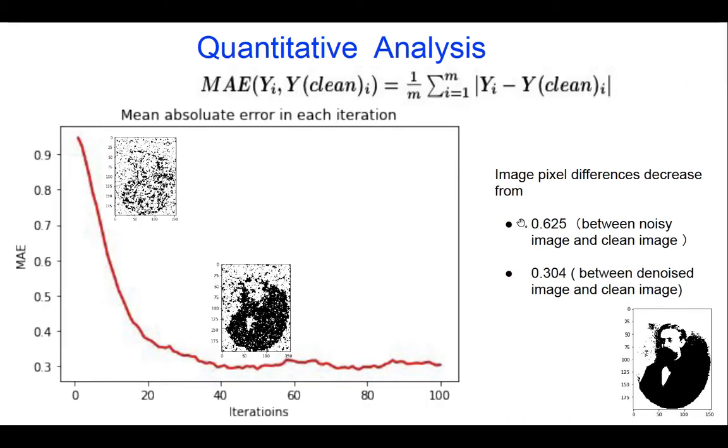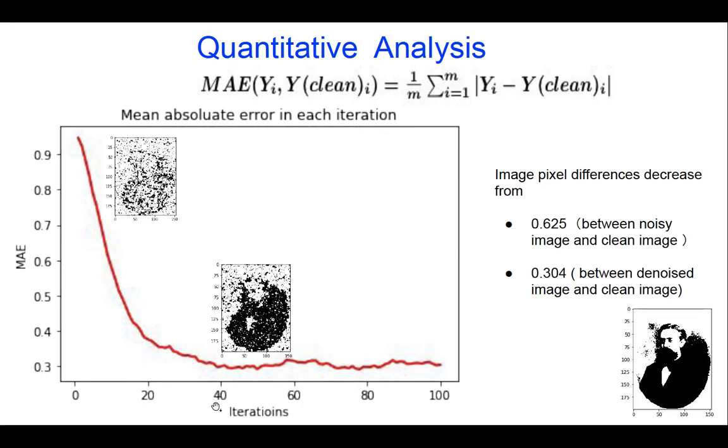So here we did some quantitative analysis. We use MAE to evaluate the model's quality. Here yi is the estimate of the clean image, or we can say yi is each pixel of the denoised image, and y is each pixel of the clean image. Look at this plot.